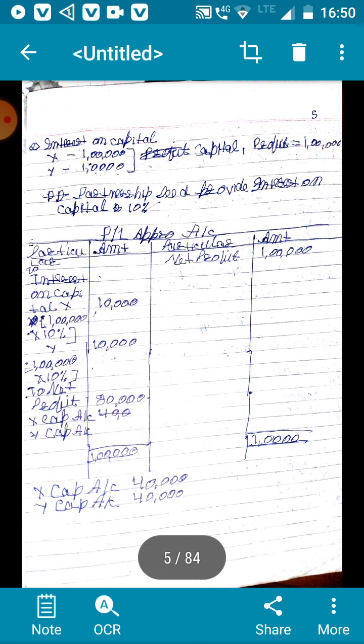Then on the debit side we will give interest on capital. Interest on capital is given at 10%.